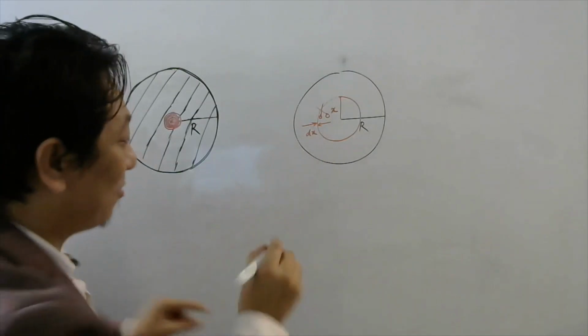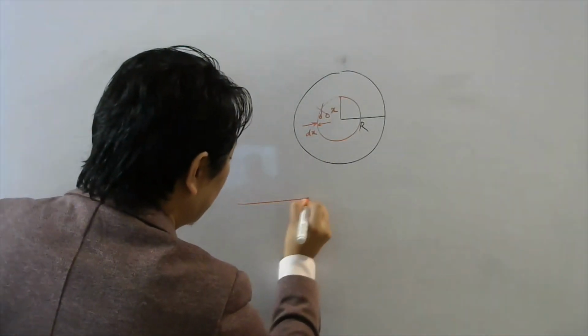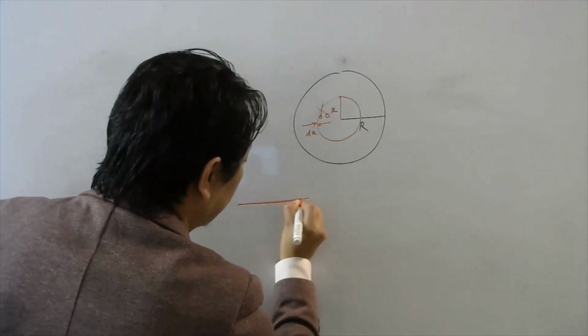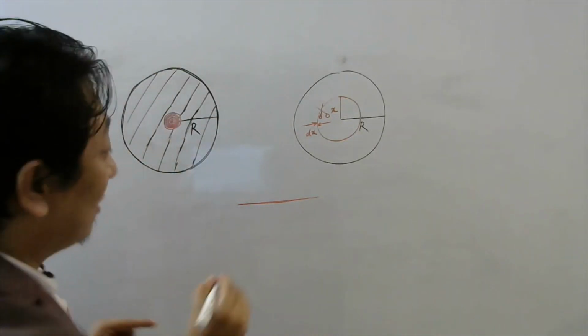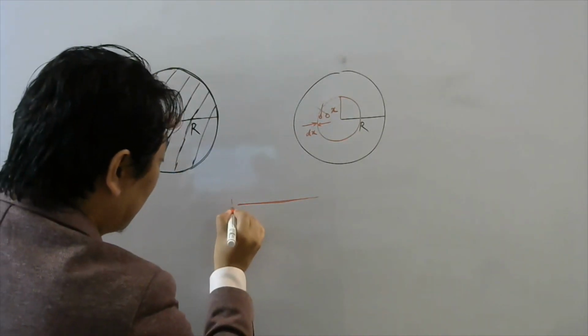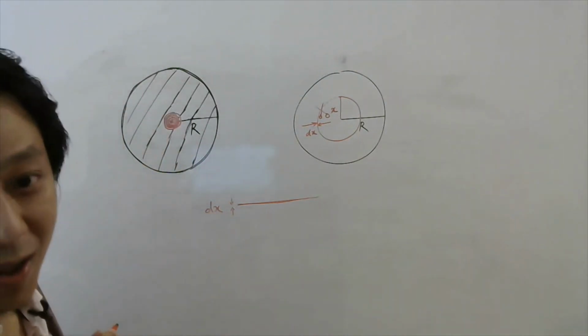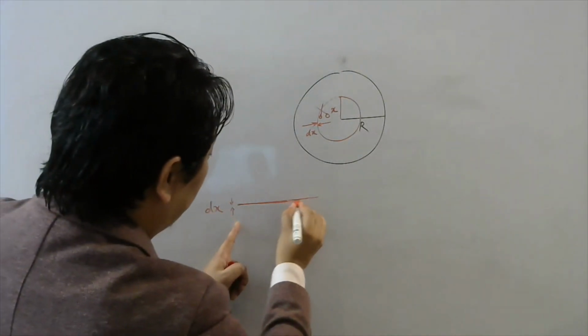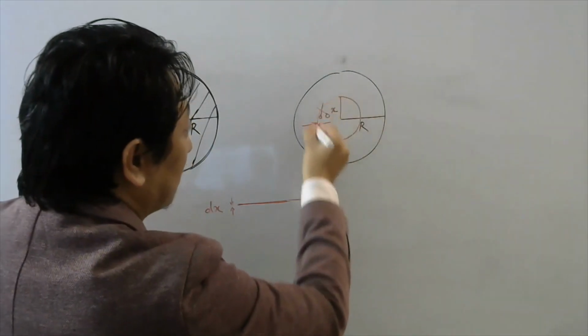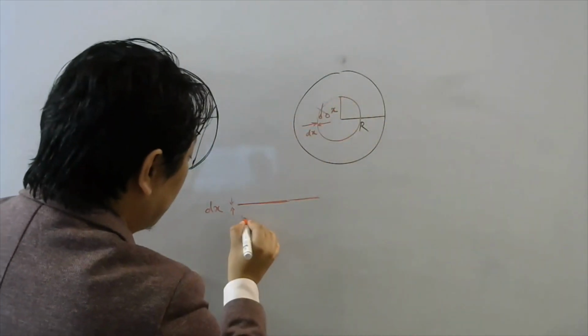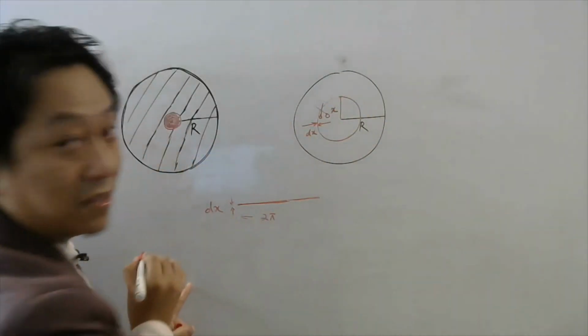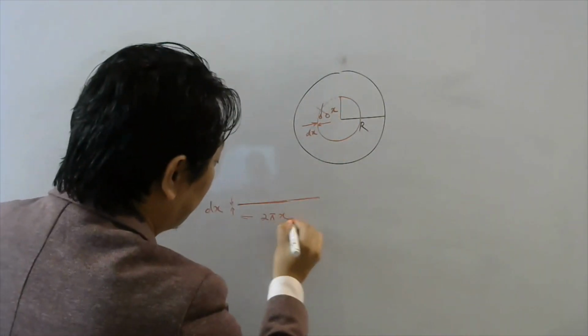So if I open it, it will become a line, isn't it? Right? And the thickness of the line will be this thickness, which is dx, and the length of the line would be this circumference, and circumference of a circle is 2 pi radius. Here the radius is x.